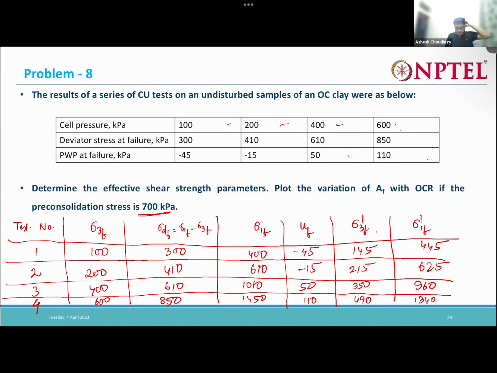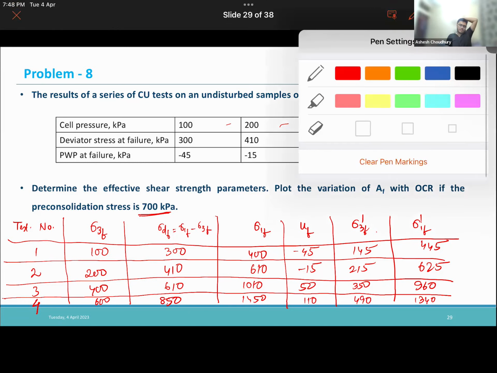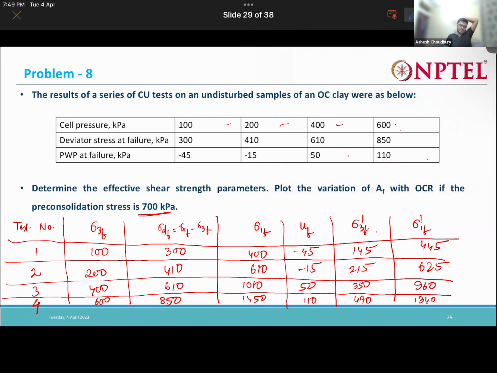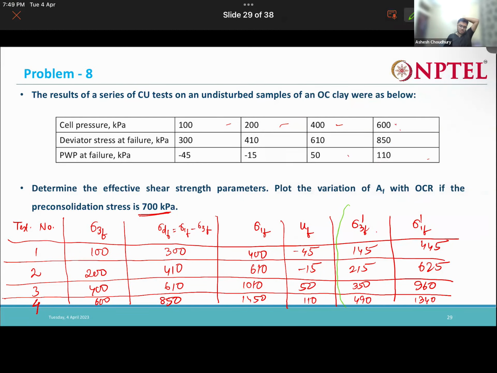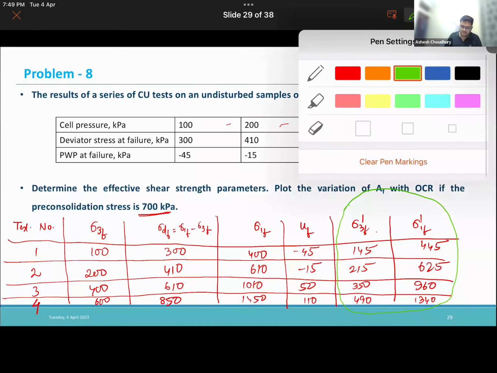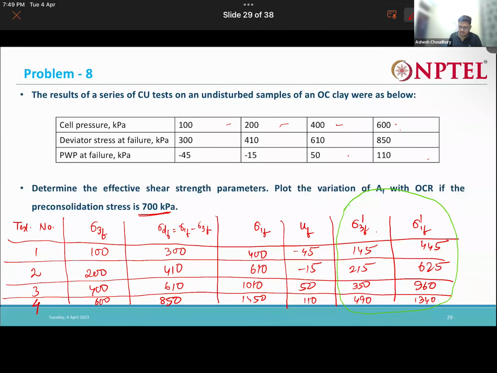Now we need to determine the effective shear strength parameters. So we will be using these two columns to plot our Mohr circles and determine our effective shear strength parameters.